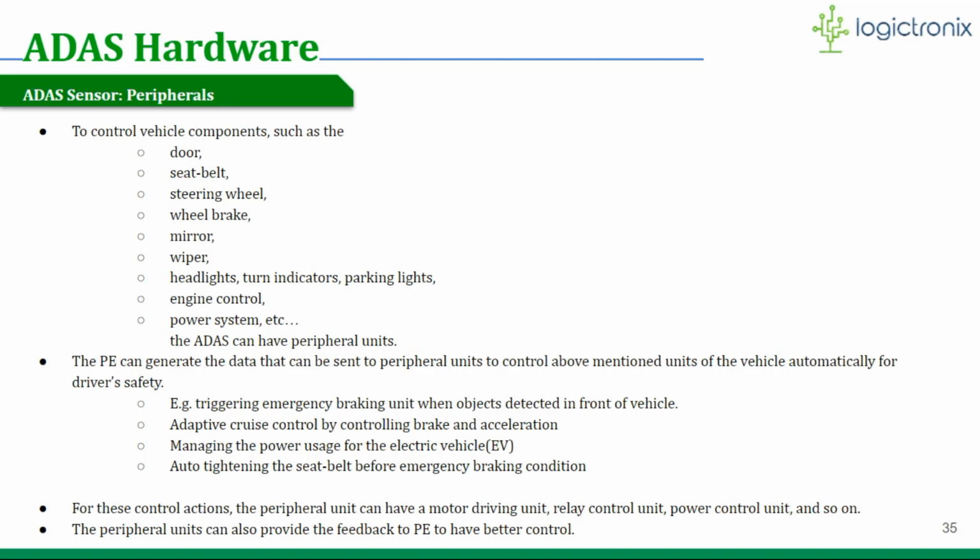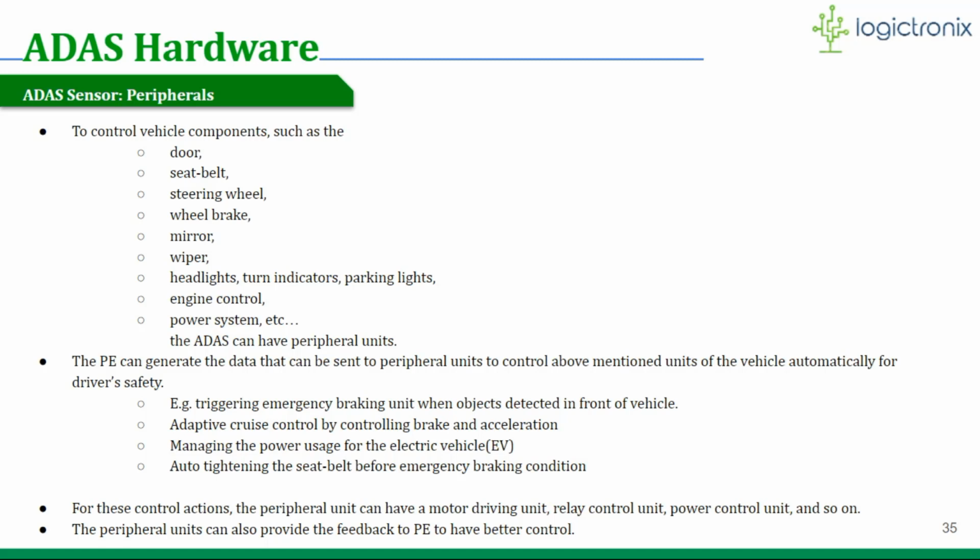The processing engine can generate data that can be sent to peripheral units to control the above-mentioned units of the vehicle. For example, triggering the emergency braking unit when objects are detected in front of the vehicle, and also adaptive cruise control by controlling the brake and acceleration and managing the power usage for the electric vehicle.